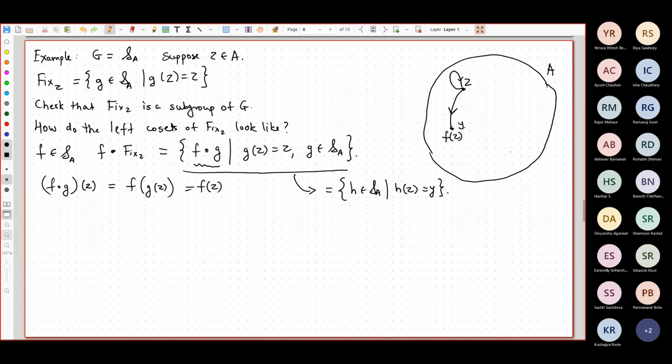So every left coset of fix Z is the set of bijections over A which map Z to some fixed element, and the coset corresponding to the element Z itself is just fix Z.